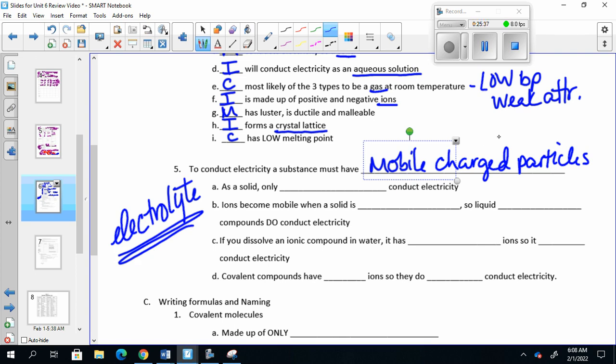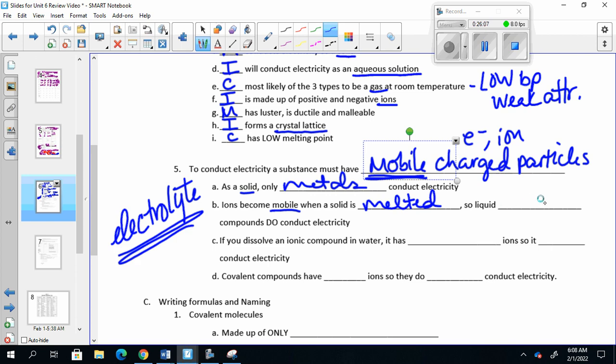So a mobile charged particle could be an electron or it could be an ion, because they both have charges and they both have the potential to be moving. If you have an ionic solid, they're not moving yet. To be mobile, they got to be moving. So you have to either make them into a liquid or you have to dissolve them. So as a solid, only metals conduct electricity. Ions become mobile when a solid is melted.